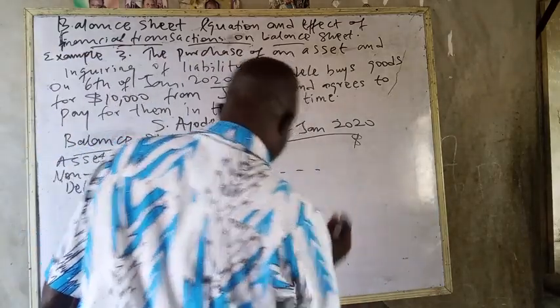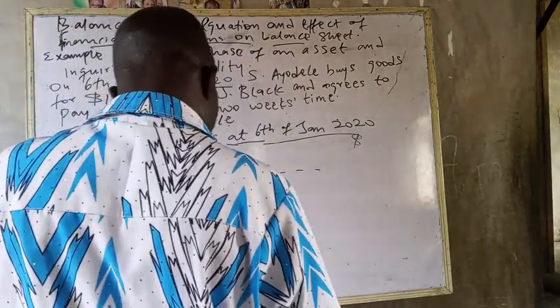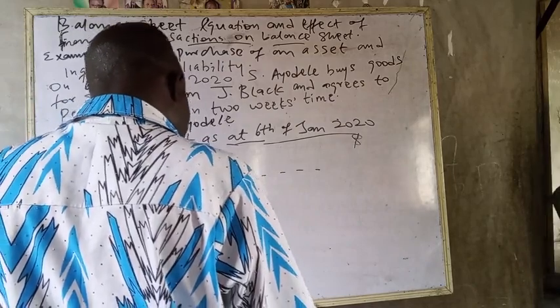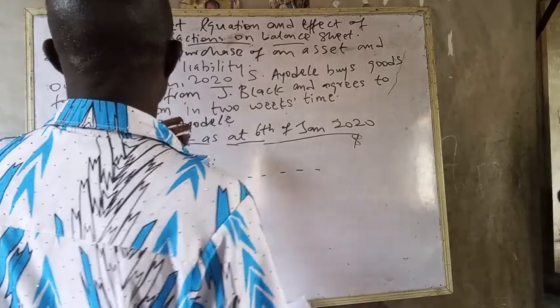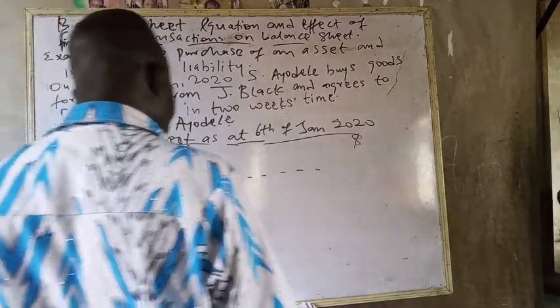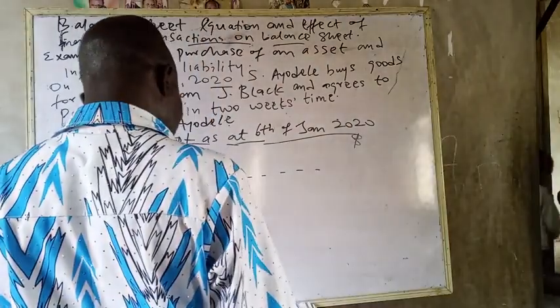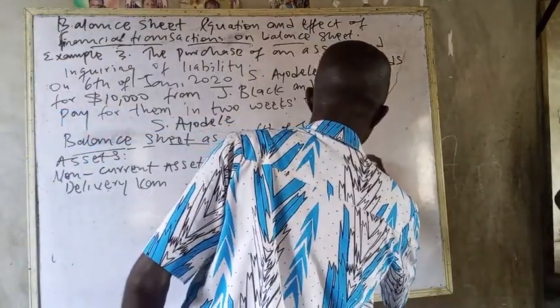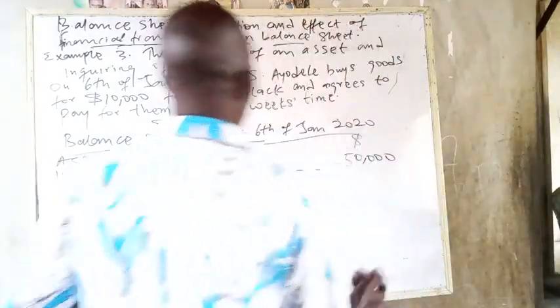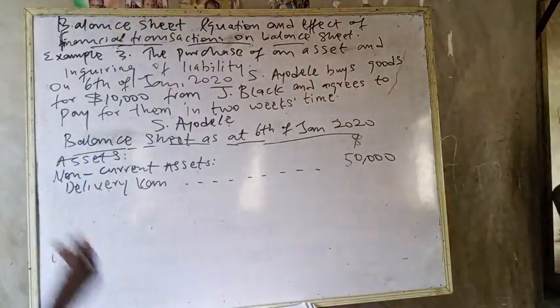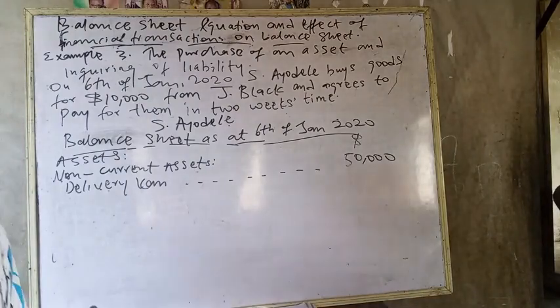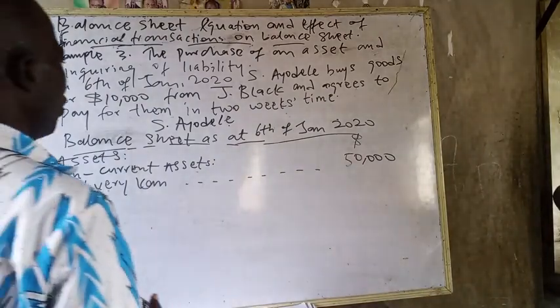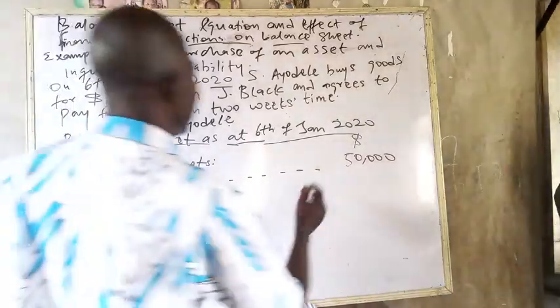What is the amount? What's the amount for the one that we have before? We are still having 50,000, right? Just go back in the video.